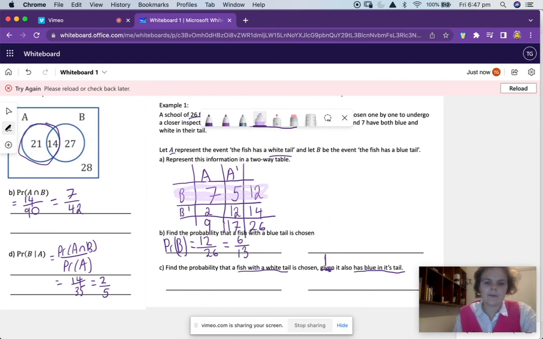You can see that there would be 7 out of 12 blue ones that are also white. We can also use our conditional probability formula. Probability of this time has a white tail, so that is A given B. Probability of A given B equals probability of A intersect B out of probability of B. So A intersects B, we got 7 out of 12.